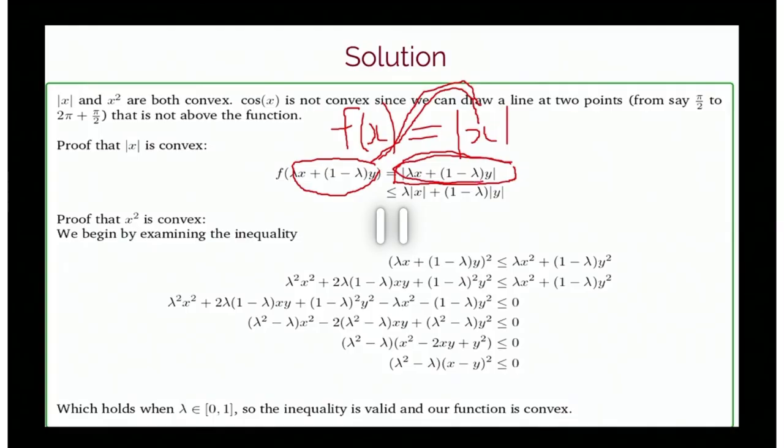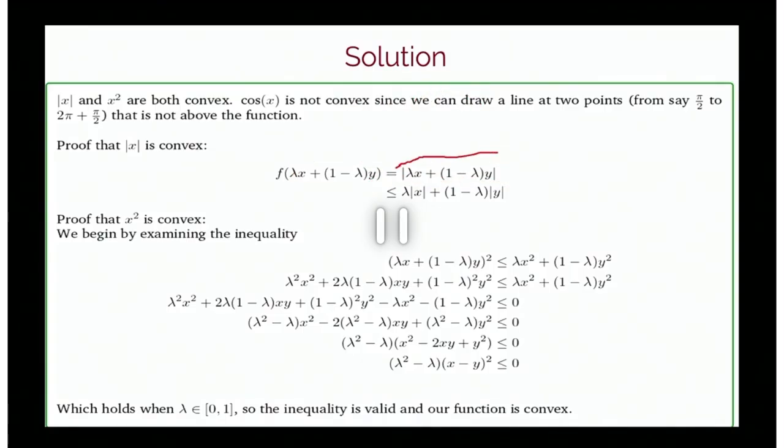When I get this, I'm actually going to use the law of triangular inequality. Okay, now when I have this guy, according to the triangular inequality, the absolute value of something plus something will be less than or equal to this. Take a look at that.